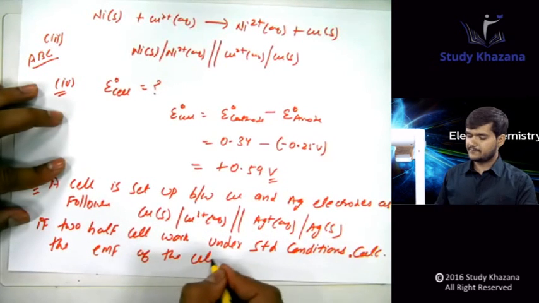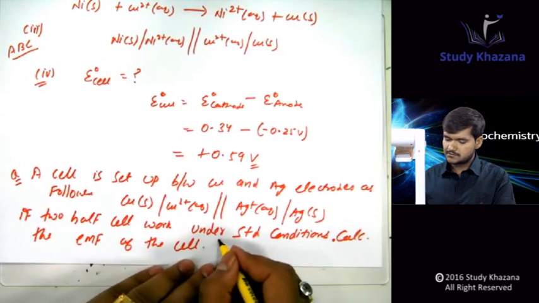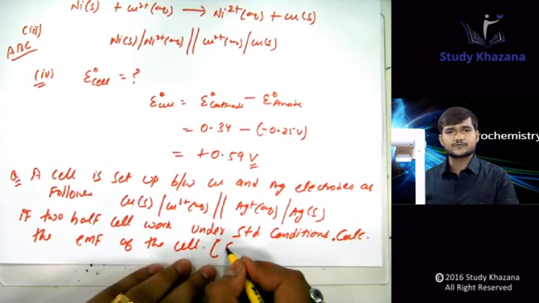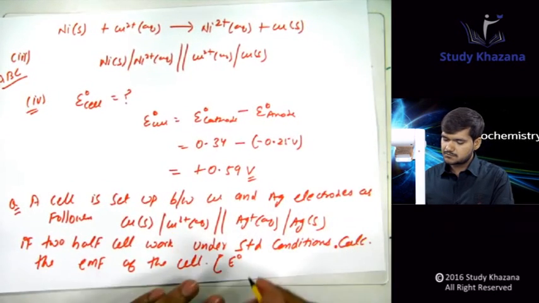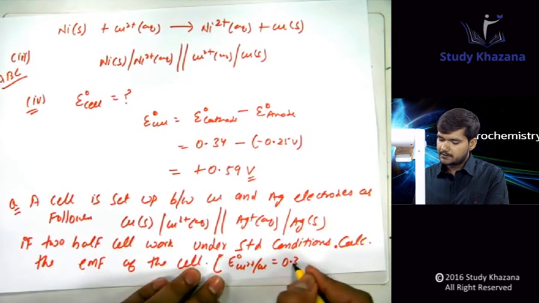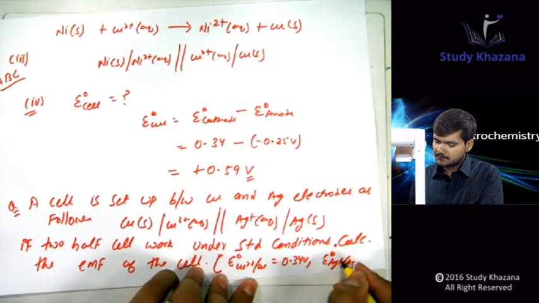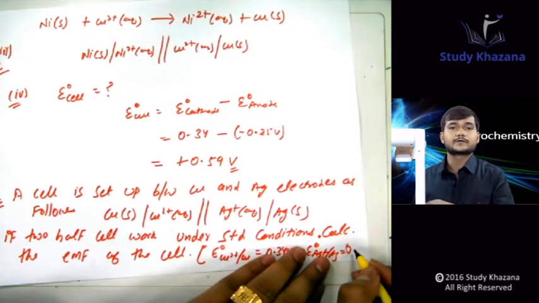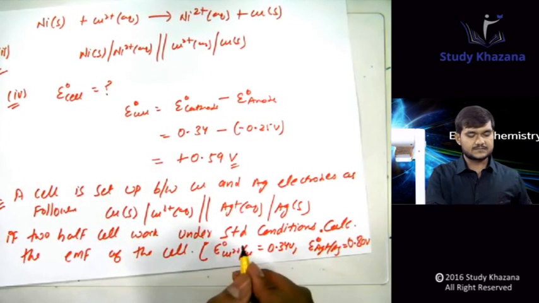You are given E0 values in brackets. These are all NCERT questions I am discussing with you. E0 Cu2 plus to Cu is 0.34 volt, and E0 Ag plus to Ag is 0.80 volt. Now you have to calculate the EMF of the cell.